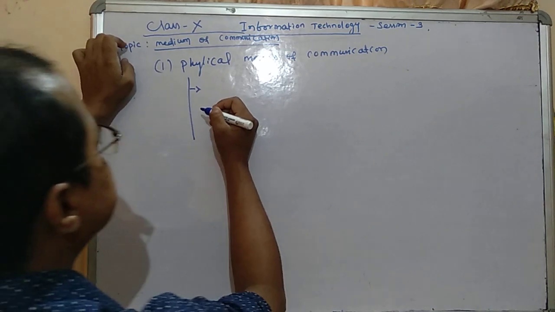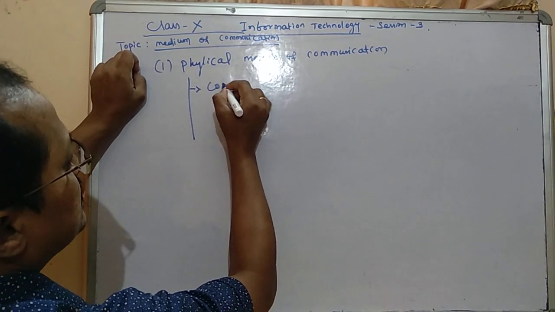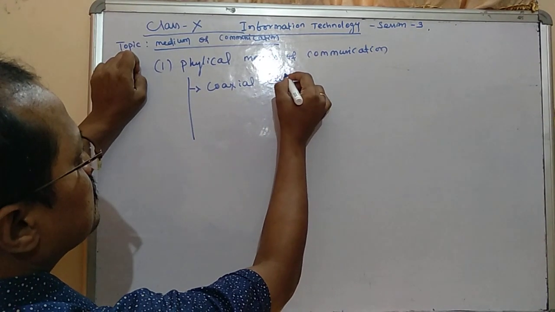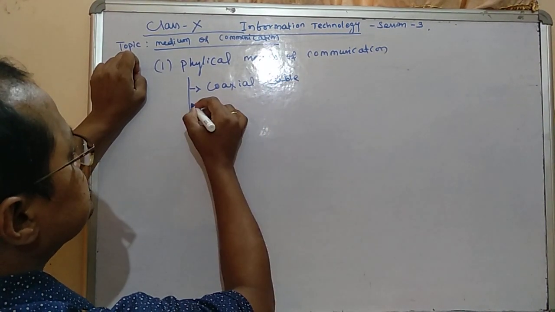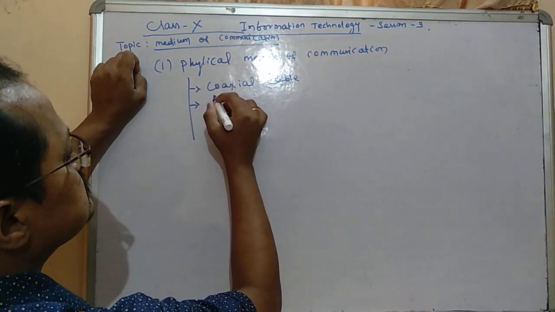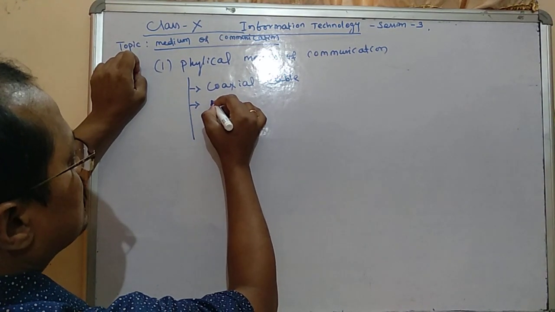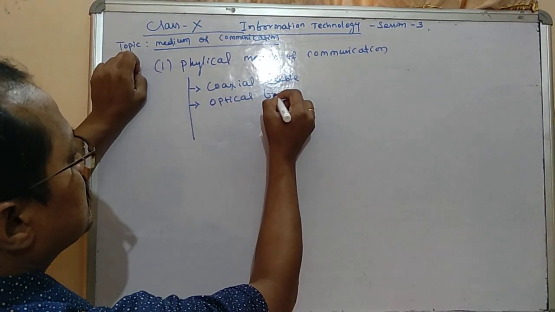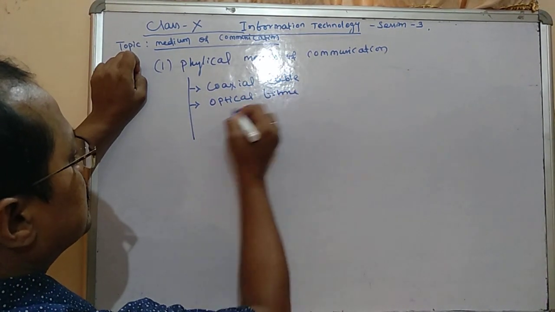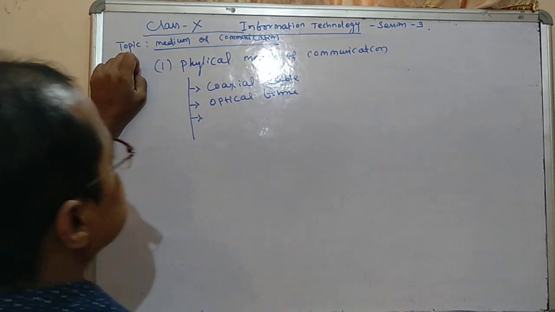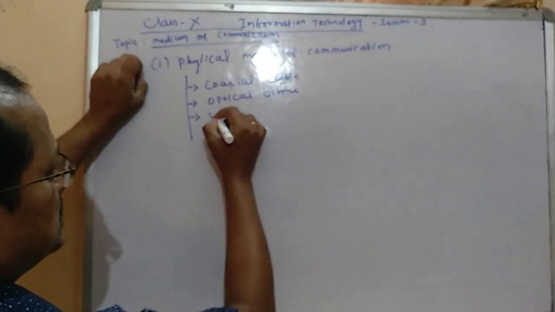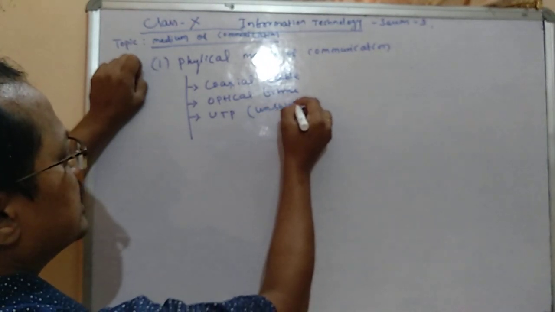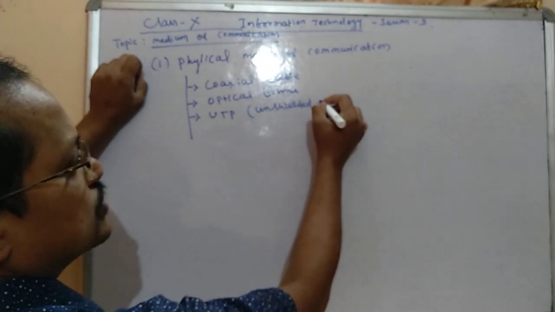Number one, coaxial cable. Another is optical fiber. Number three, UTP, that is unshielded twisted pair.